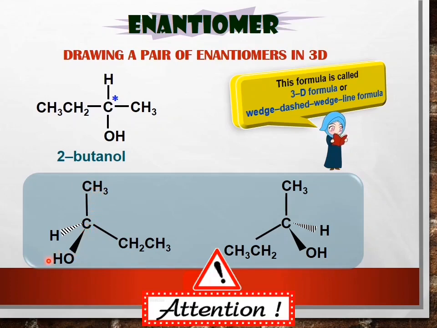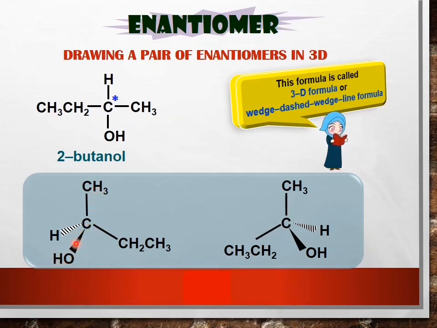And also for the OH group here, the bond here should bond to the oxygen, not to the hydrogen. And also for this group, CH3CH2, the bond here that bonds with this carbon starts from CH2, not CH3. So you need to be careful with this connectivity.